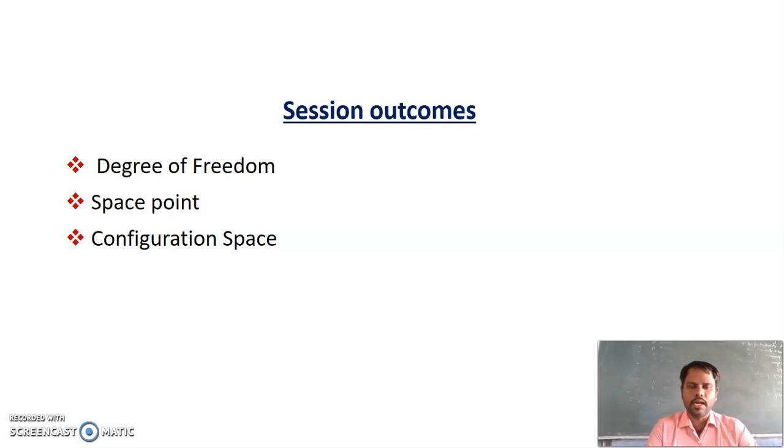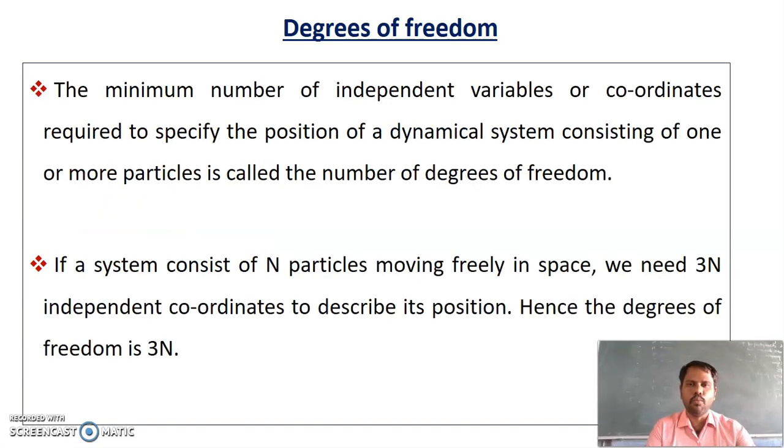Let us consider a particle moving in a straight line. To describe the motion of a body moving in a straight line, I need either x or y or z coordinate to describe its motion, which means I need one coordinate to describe the motion of a particle moving in a straight line.